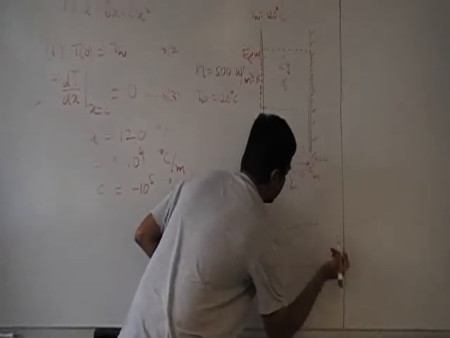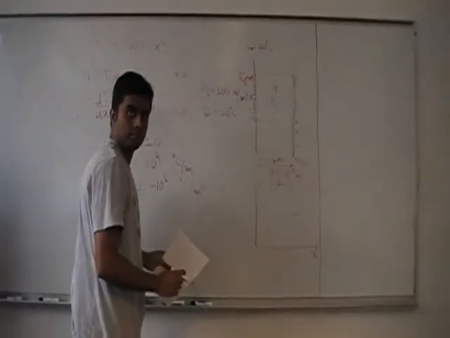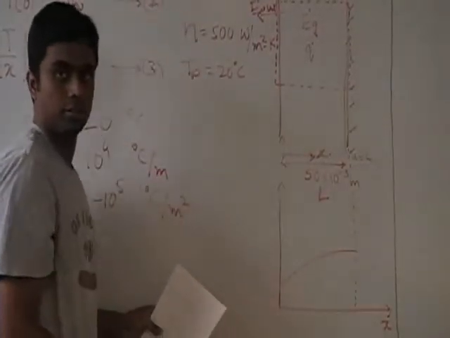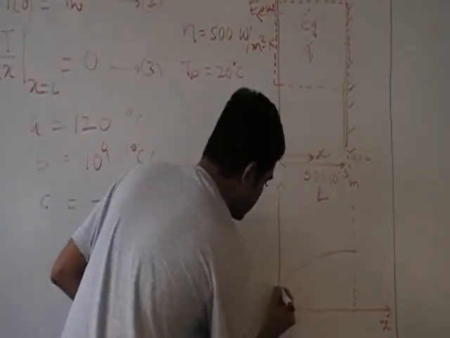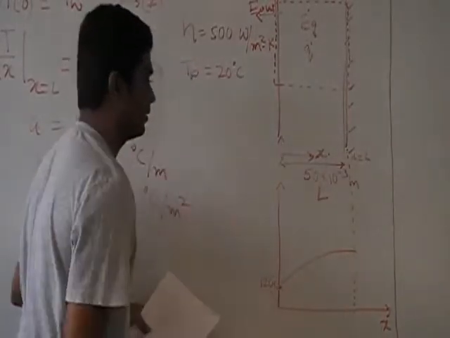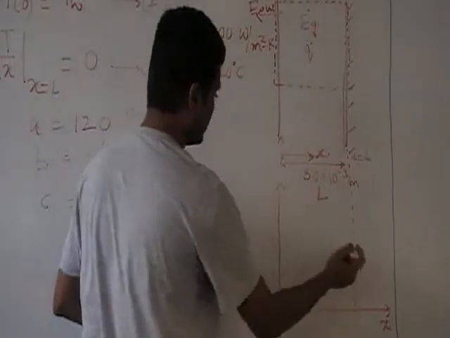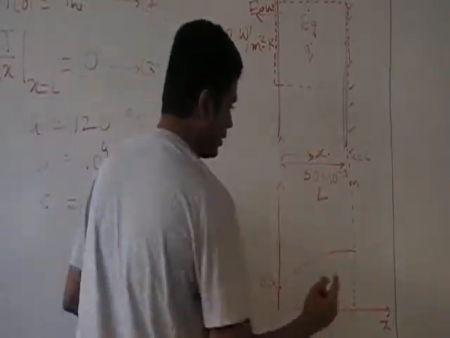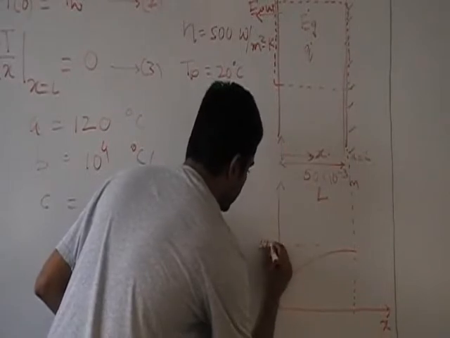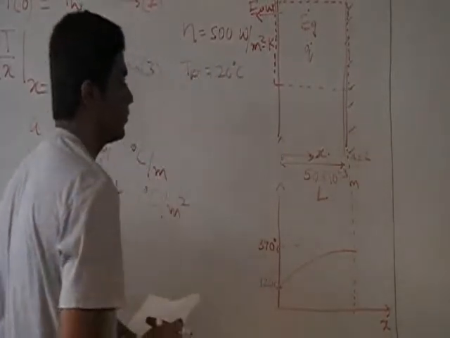Somewhat increasing and becoming adiabatic at this point, so you have the slope being 0 here. This we know is 120 degrees Celsius, and by substituting these values here, this location is estimated to be 370 degrees Celsius.